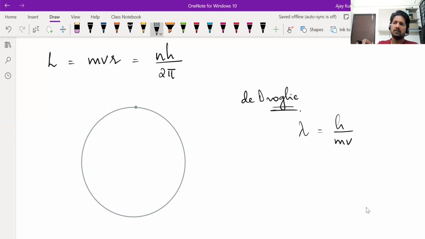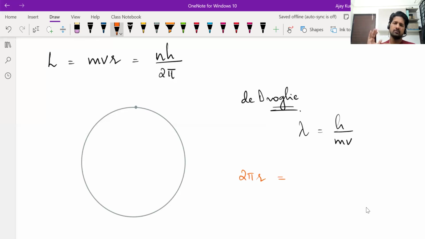So De Broglie proposed something which adds to the specialty of the stationary orbits. He said that in a stationary orbit, the circumference of the orbit, 2 pi r, should be an integral multiple of the wavelength of the electron. Now, electron has wave nature.